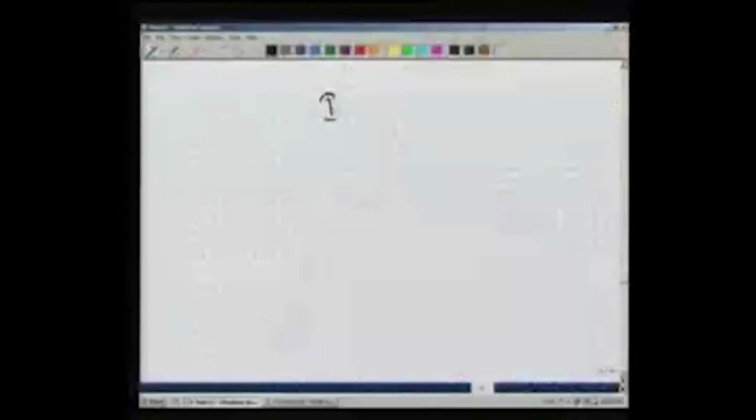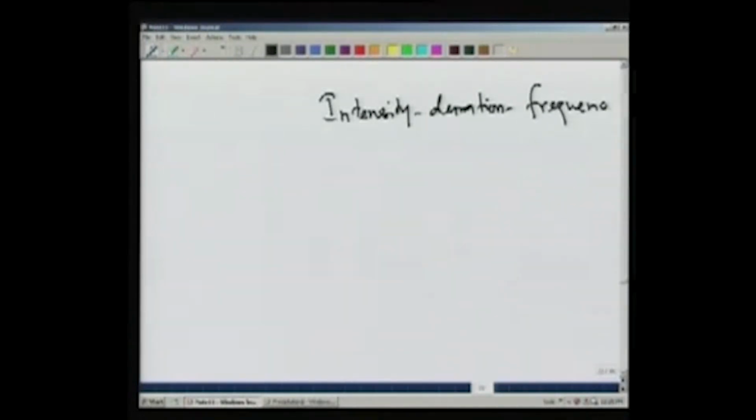So frequency analysis is nothing but deciding how frequent a rainfall would be, and typically what we do is present an intensity, duration, frequency curve in which we say how frequent will be rainfalls of certain intensity and a certain duration.